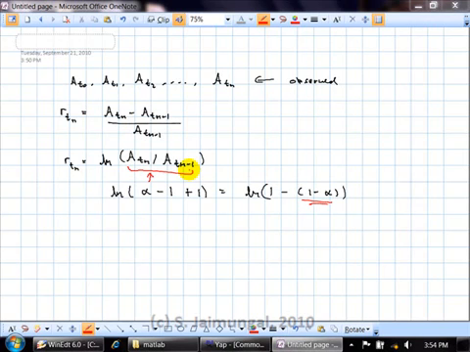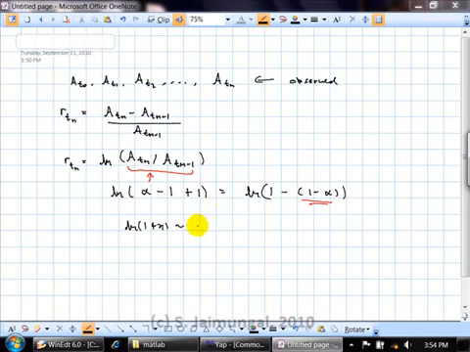So I can do a Taylor expansion. I have log of 1 plus something small. Well, 1 minus something small. And what is that approximately? You're going to need your Taylor expansions in a minute. You're going to need quite a few of them in a minute. So do you remember this? Log of 1 plus x is approximately what? x, isn't it?